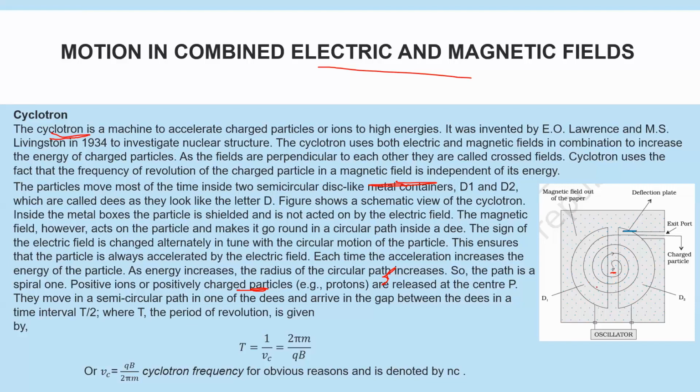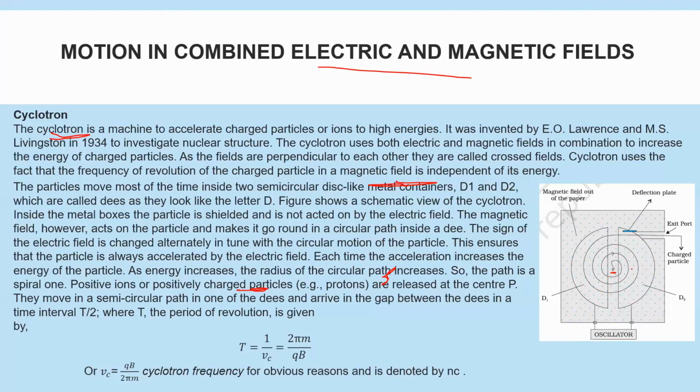Over here you can see there are plenty of dots represented. These dots show that the magnetic field is coming out of the paper towards you. So this is a uniform magnetic field, and the particle is traveling in a circular pattern. An alternating voltage source is used to accelerate these ions to high speeds.